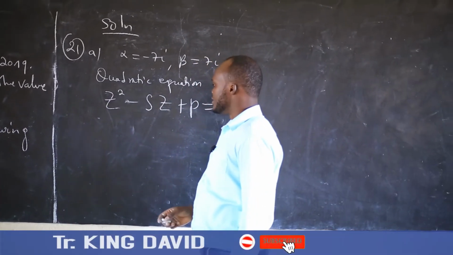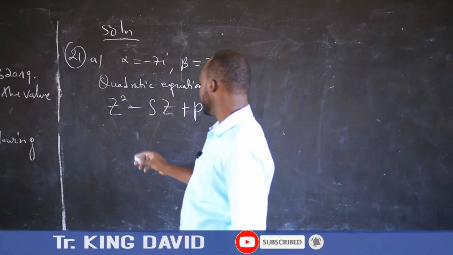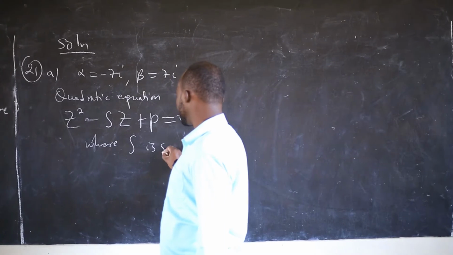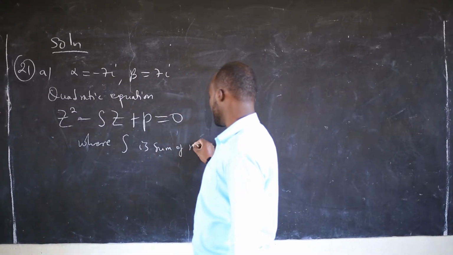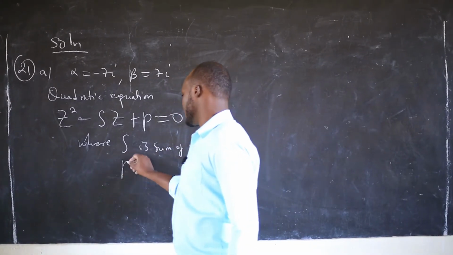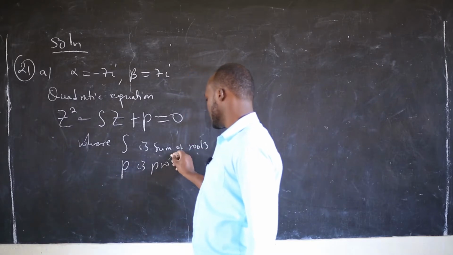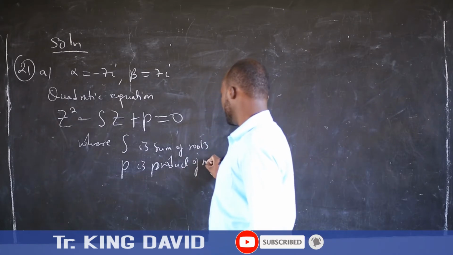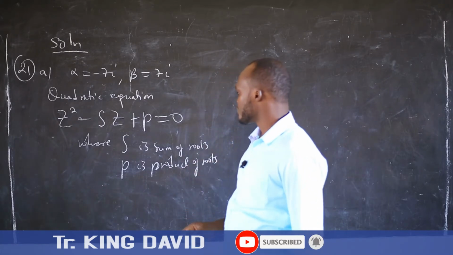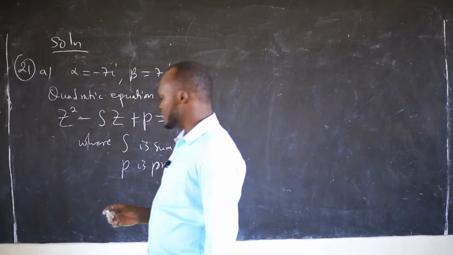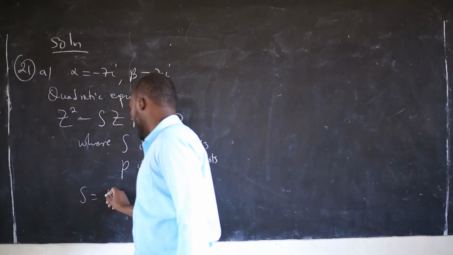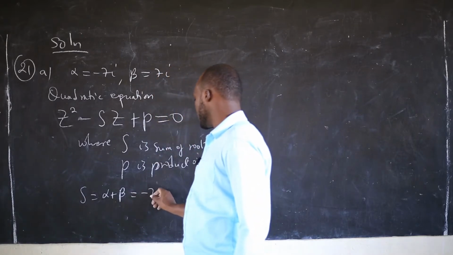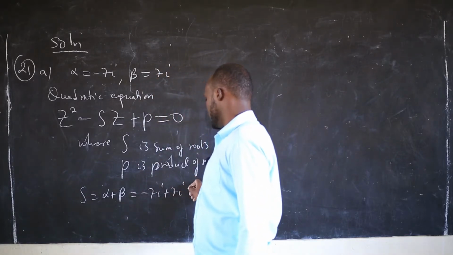That's the quadratic equation in the form of sum and product, where S is the sum of roots and P is the product of roots. So how do we get the sum? We just add. S is alpha plus beta, which is negative 7i plus 7i. The answer is 0.